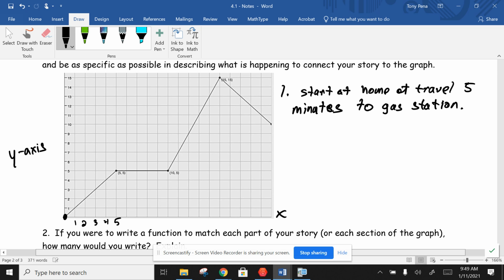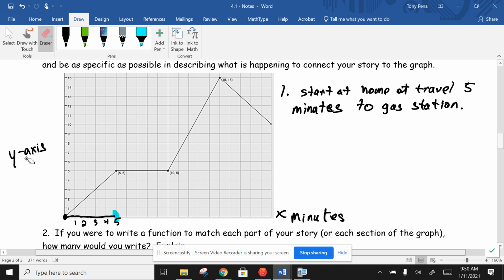All right. So what that tells us is if we're traveling 5 minutes here, when I ask you to label your axes, we're going to label the x-axis with a unit of minutes. Let's say you live fairly close to the gas station.